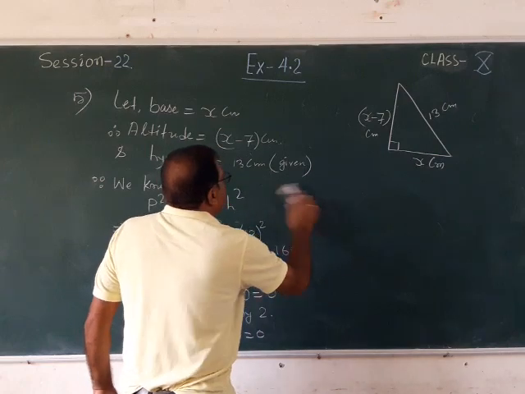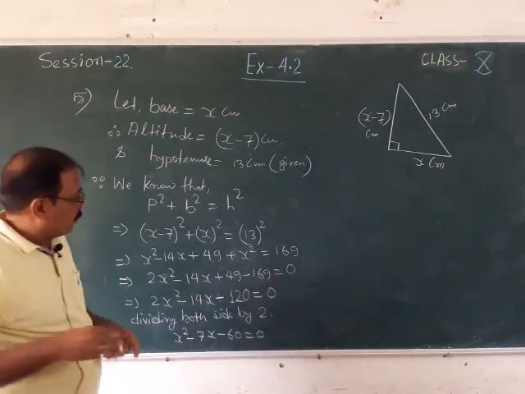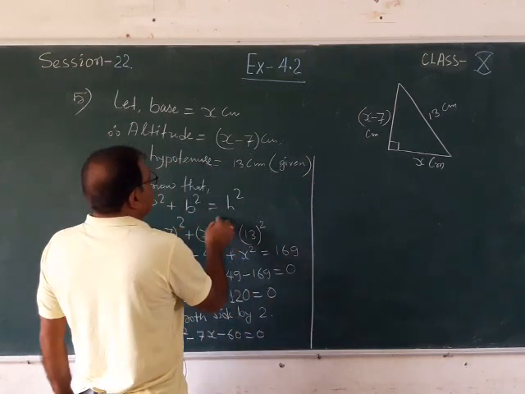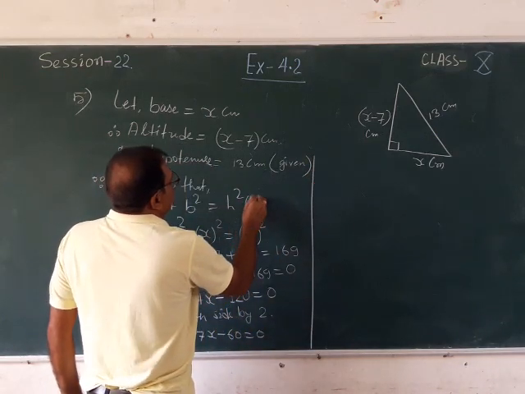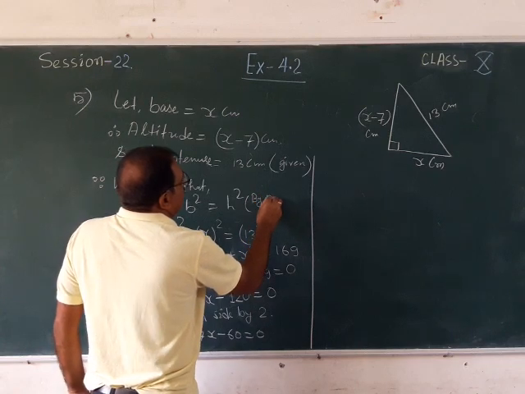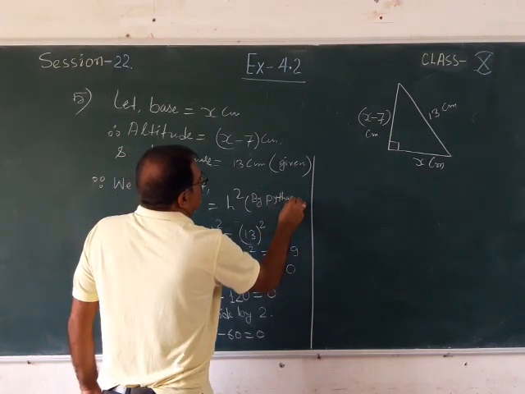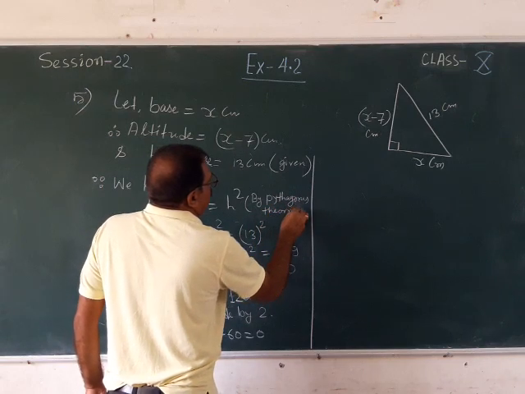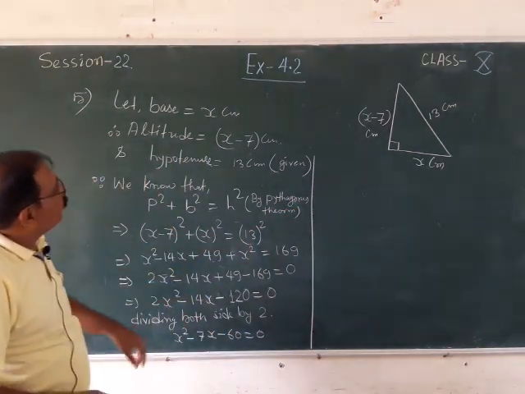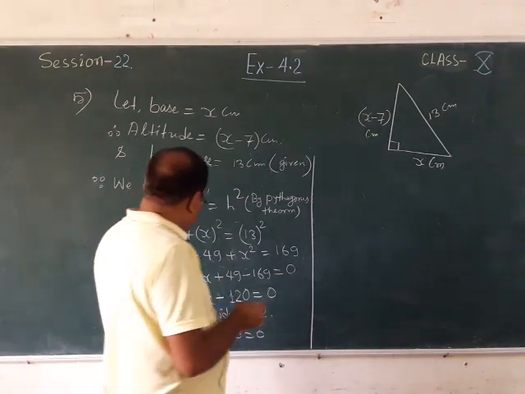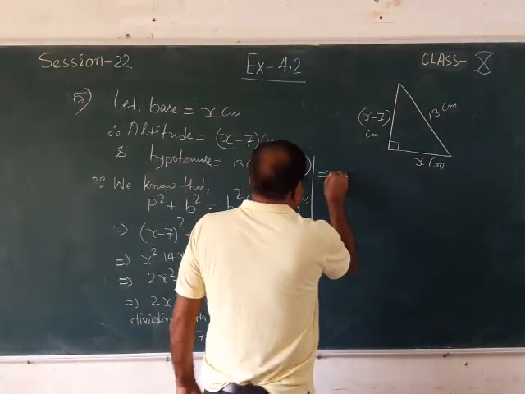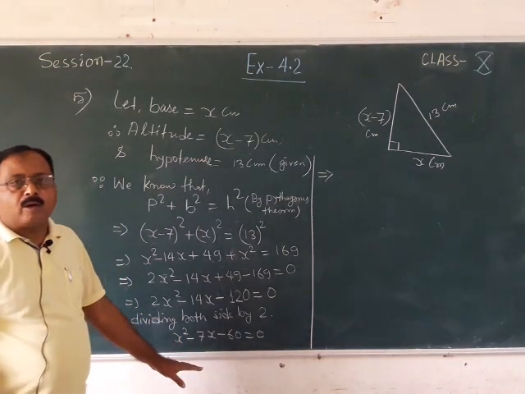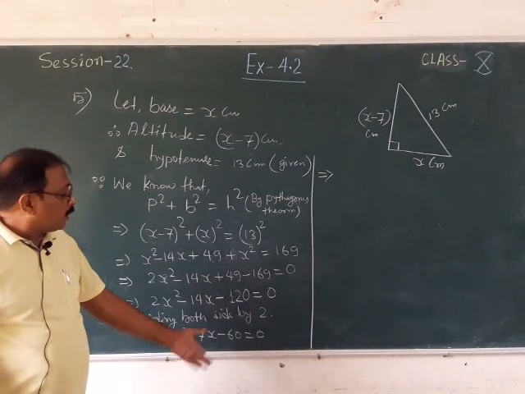I am rubbing this so that I can write here, but you should write by Pythagoras theorem so that you will not be confused. Now further we have to factorize it by the middle term splitting rule.